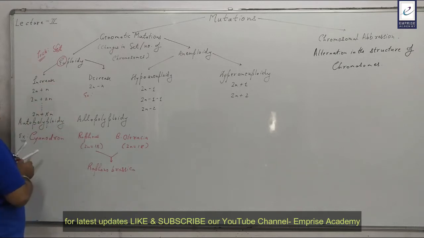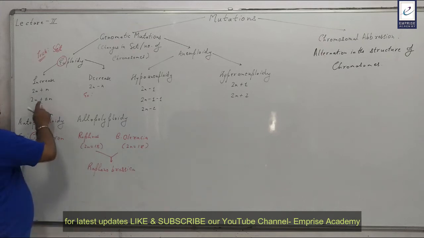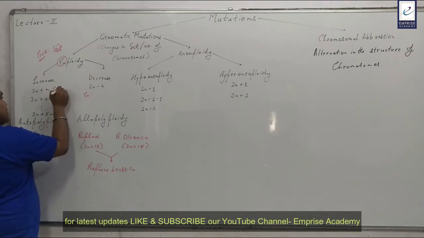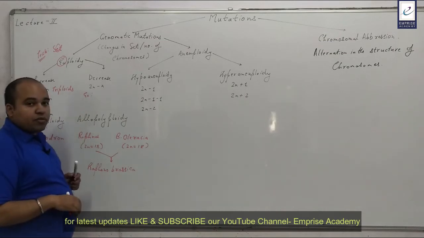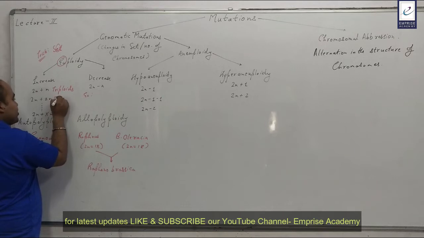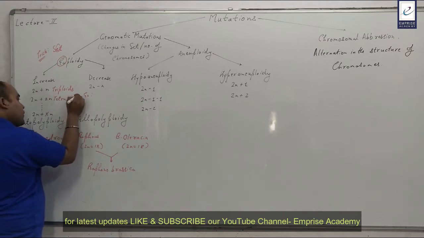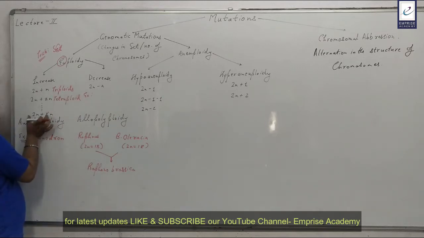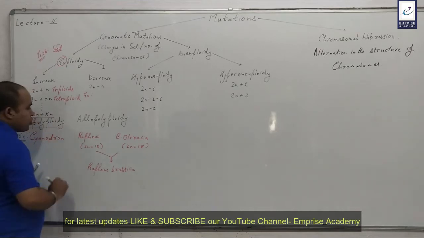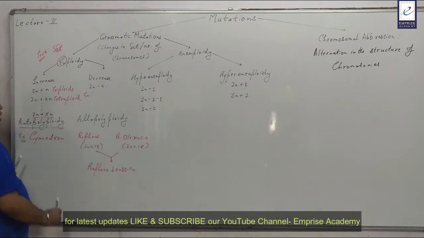If the number of chromosomes is being increased, then the term used is an increase in the ploidy. Such organisms will be referred to as triploids. If the chromosomal sets are increased by 2, then it is called tetraploid. If it increases by an x number, the organism will be referred to as autopolyploid or allopolyploid.